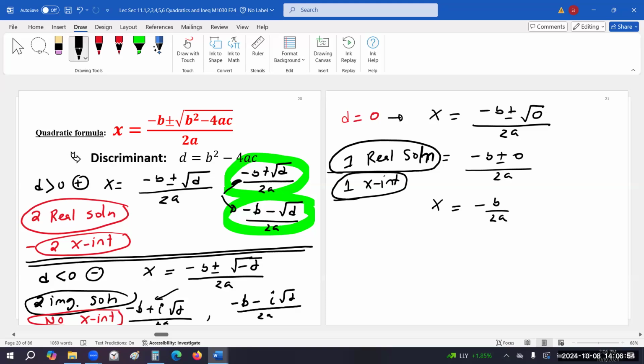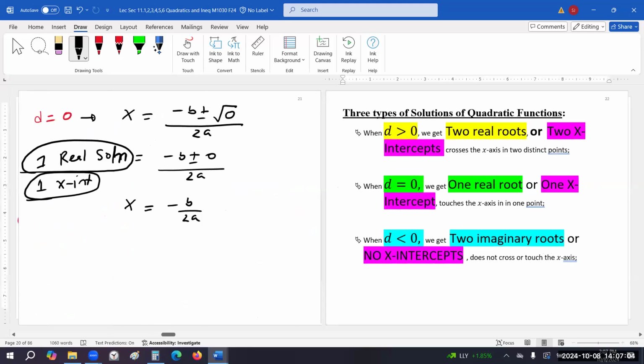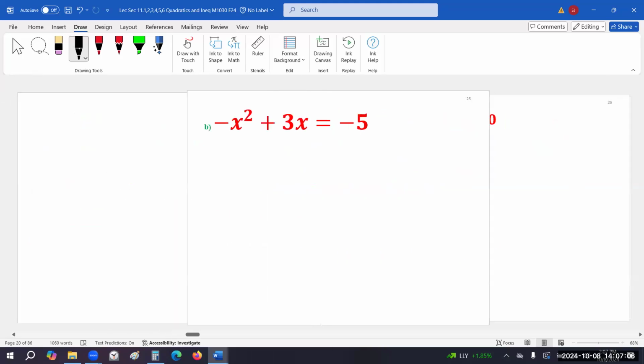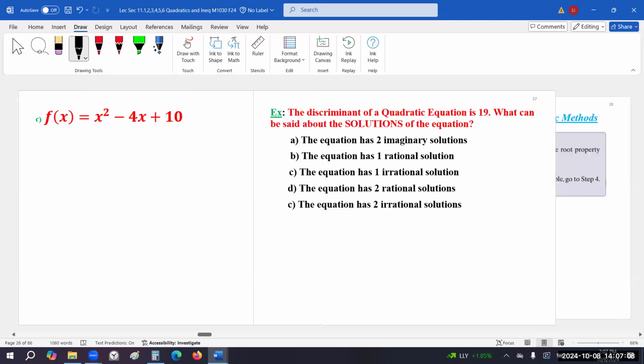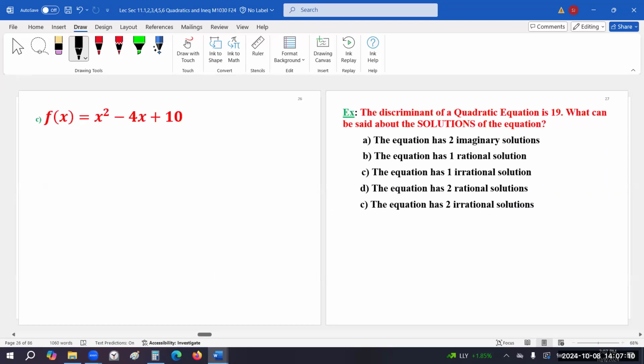Why do we care? Because before you go, let me show you one final exam question. Something like this one. The discriminant of a quadratic equation is 19. What can you say about its solution? This is a final exam question.